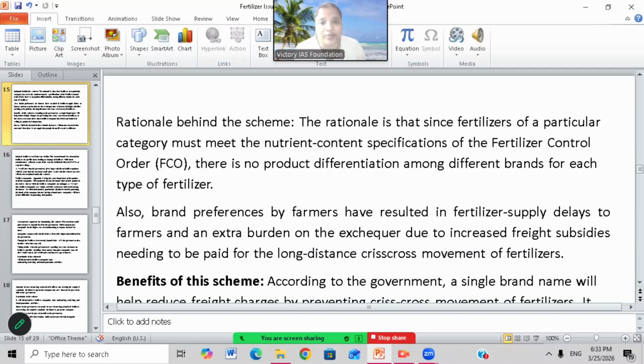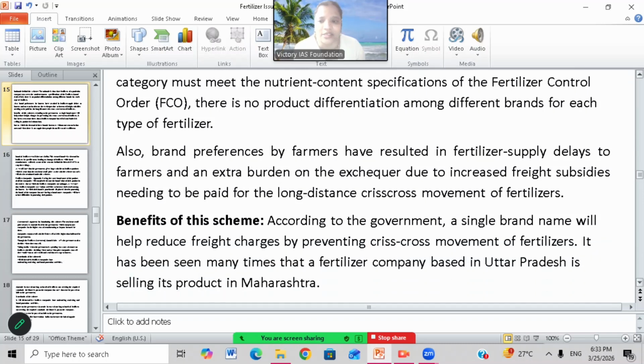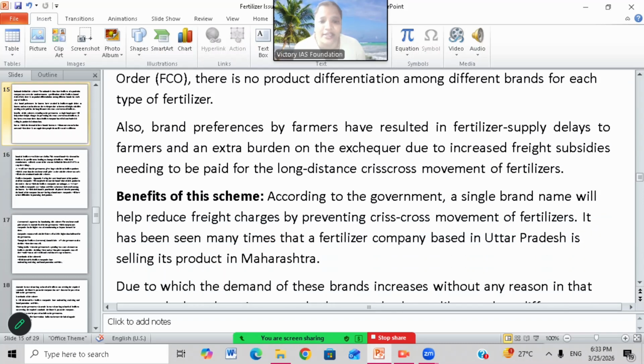What happened, apart from giving value to the content, they go on giving value to the brand name. And also brand preferences by farmers resulted in fertilizer supply delays to farmers and extra burden on the exchequer due to increased freight subsidies that need to be paid for long distance crisscross movement of fertilizer.